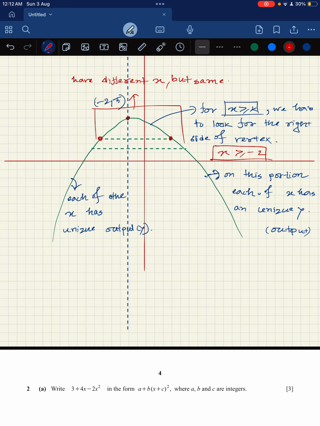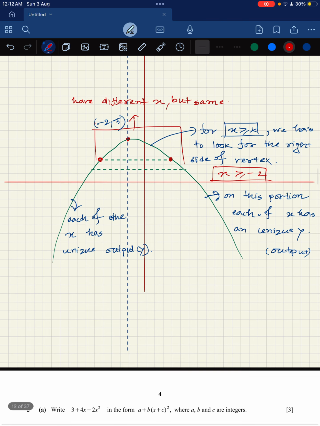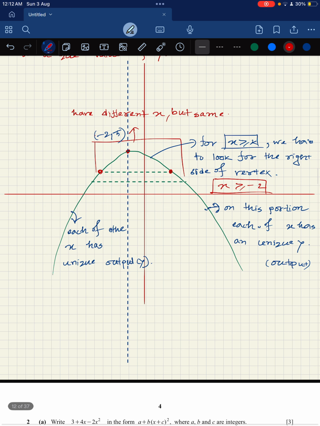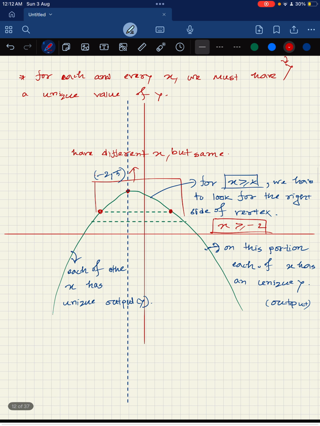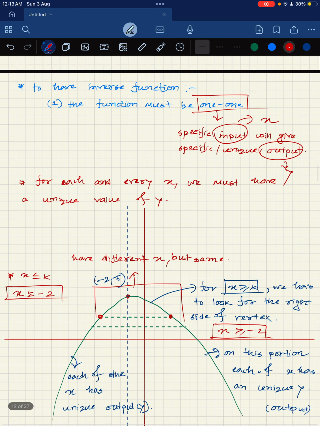If they asked to find the value for which x is less than or equal to k so that the graph has an inverse, then we would consider x less than or equal to negative 2. But they're asking for x greater than k, so we have to look at the right side. I think everybody is clear about that.